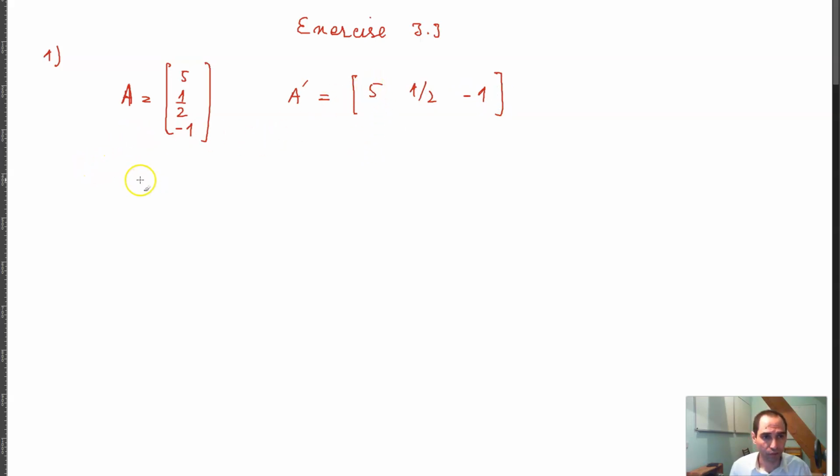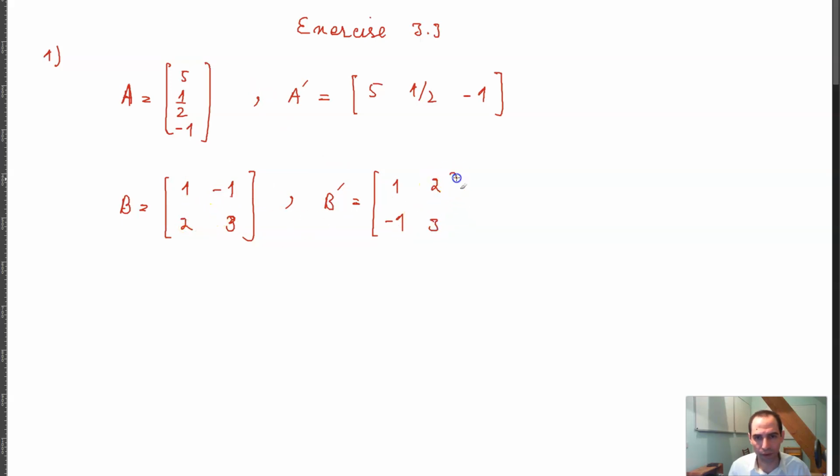Part 2 of this question: some matrix, let's call it B, 1, -1, 2 and 3, and then B prime becomes basically 1, -1 and 2 and 3 here.